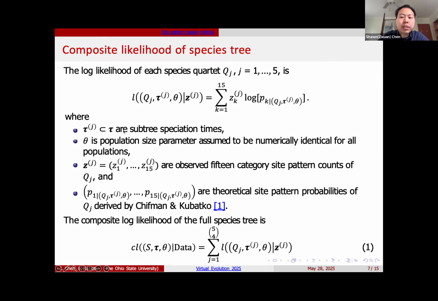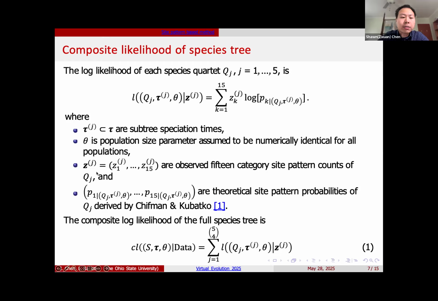So here, let me quickly go through the technical details, and then we can resume back to the big picture. Here, Q_j is the topology of the species quartet subtree. Tau_j and theta are the species tree parameters related to the quartet Q_j. And it has been shown in Chifman and Kubatko 2015 that quartets have 15 site pattern categories.